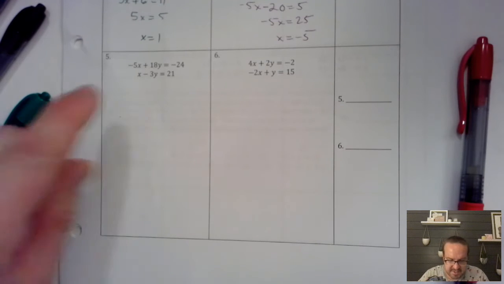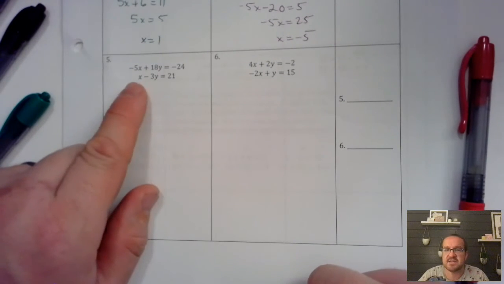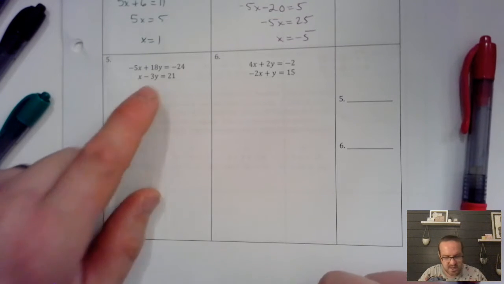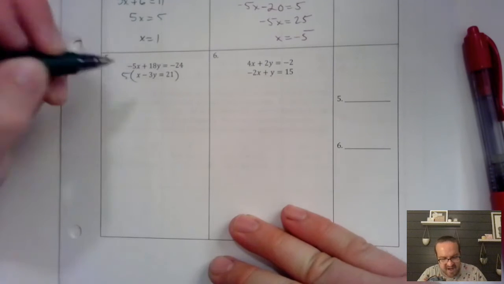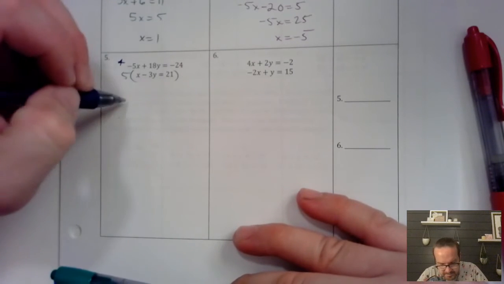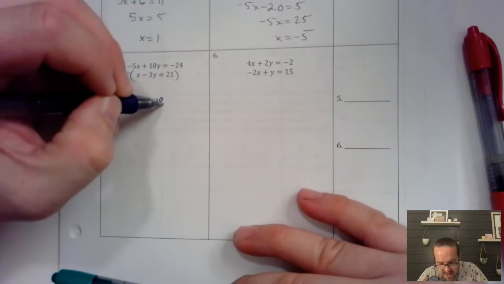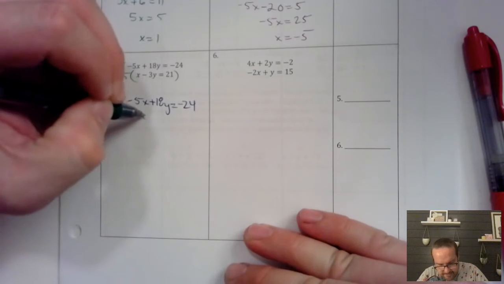So let's think about this here. Neither the x's nor the y's cancel at the very beginning. So what I'm going to do here is I'm actually going to multiply all of this equation by 5. And watch what happens here. I'll just rewrite the top one. Watch what happens when I multiply this entire second equation by 5.